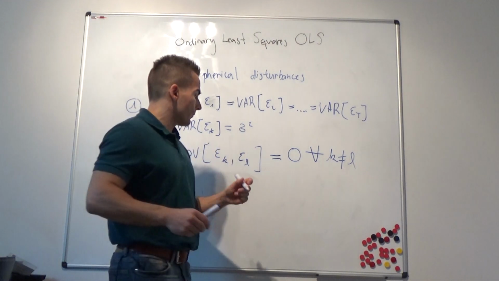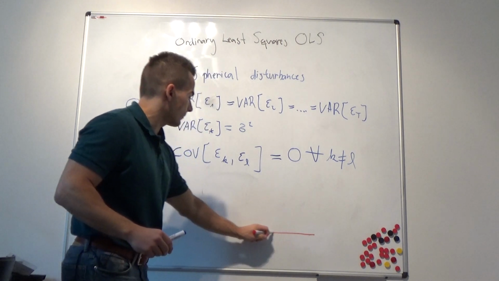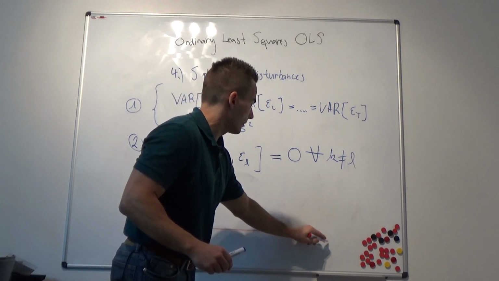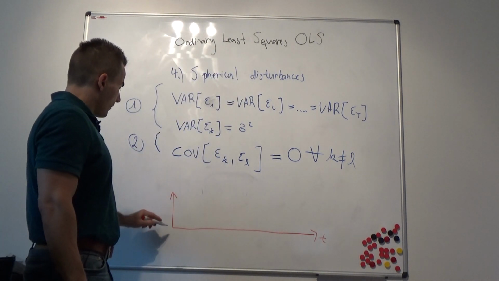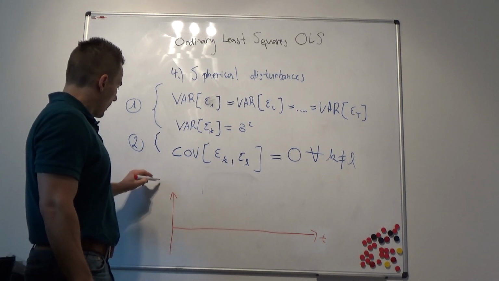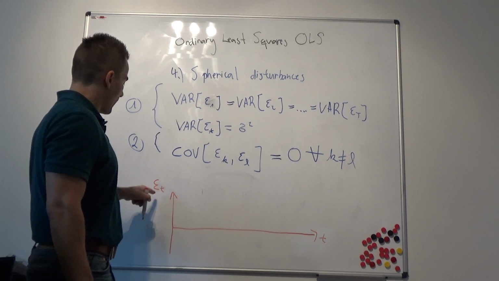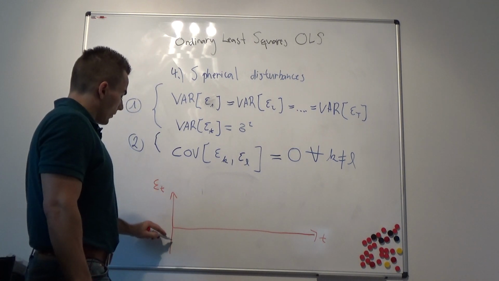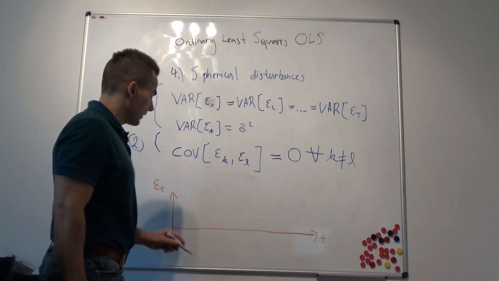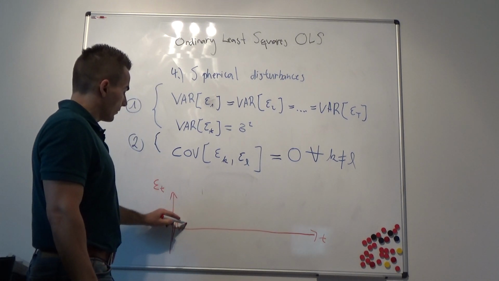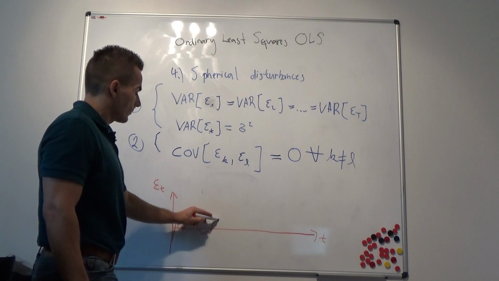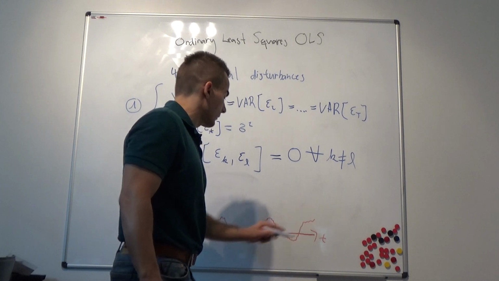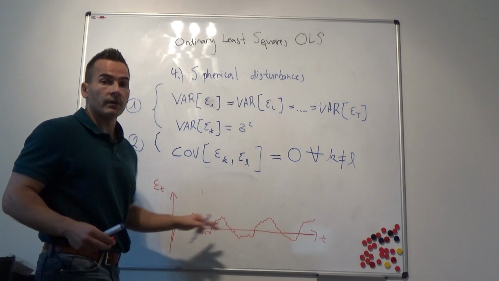So let's plot here the time dimension t, and here we have our epsilon depending on time t. I will plot a residual process here. So let's say we have this process. This is how a residual process could look.